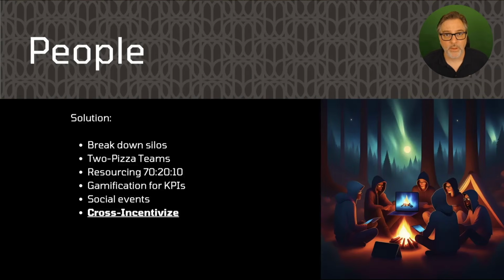All right, and when we look at the solution to this problem on the people side of the world, what we want to do is really break down those silos. You've got your dev, sec, and ops teams. We want them to work more closely together. In order to accomplish that, kind of the holy grail is this Amazon two-pizza team concept that I talked about before.